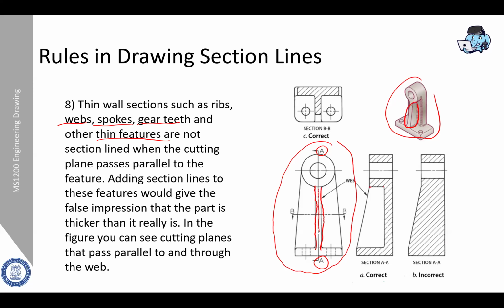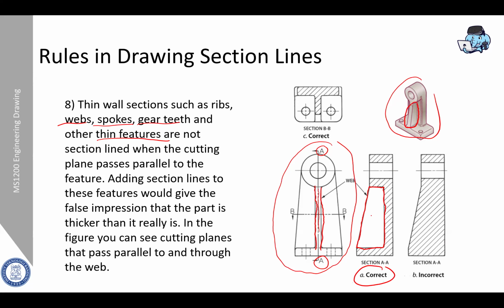That's why the web still appears like this. Kita nggak kasih arsiran di web ini, tetap seperti ini. Jadi the correct representation of the section view is this one, A. So we do not draw section lines on web in this case.